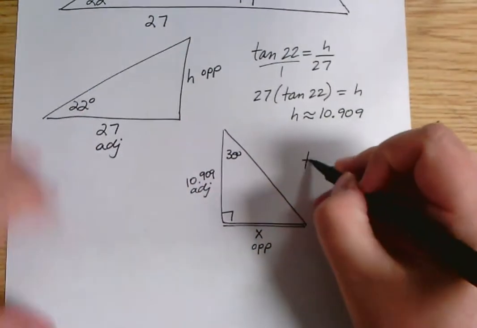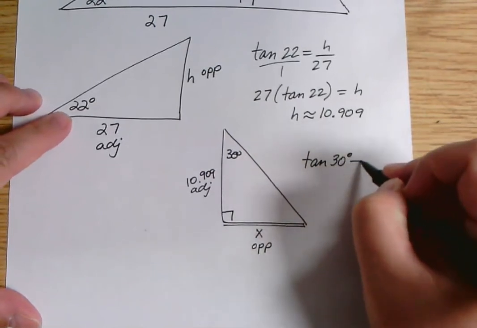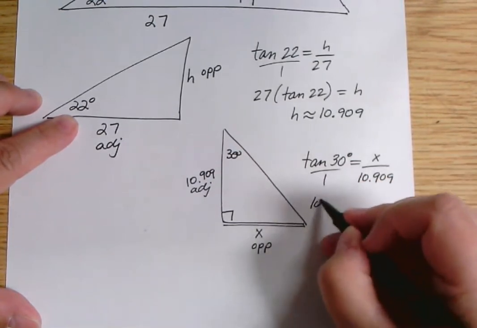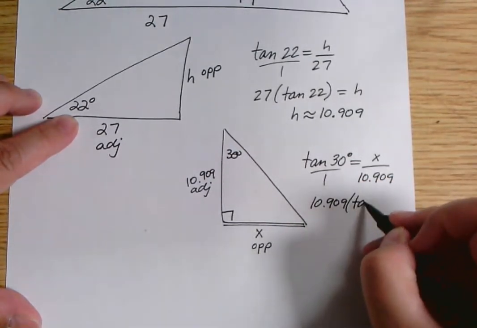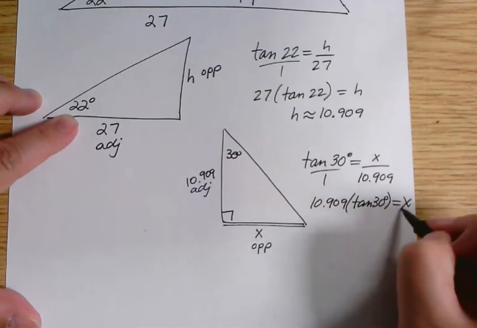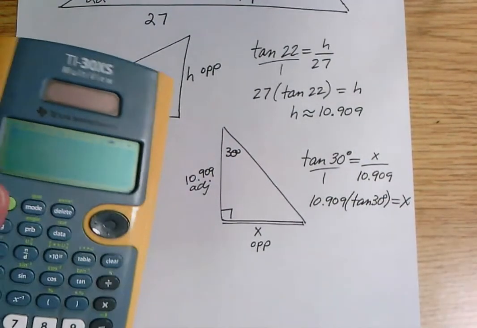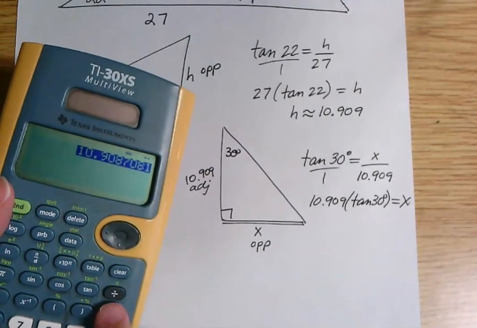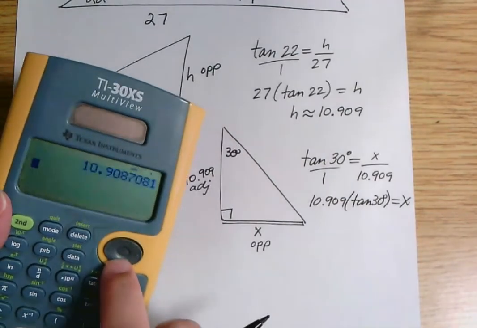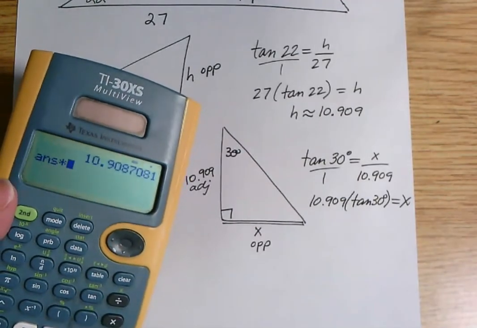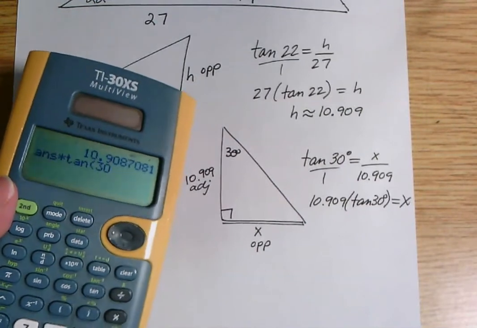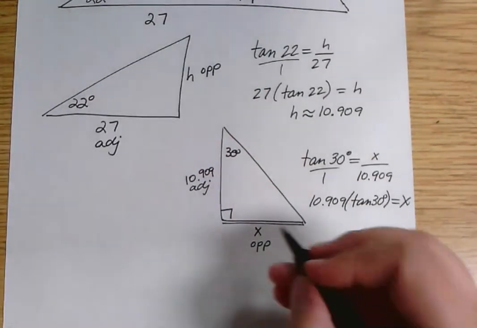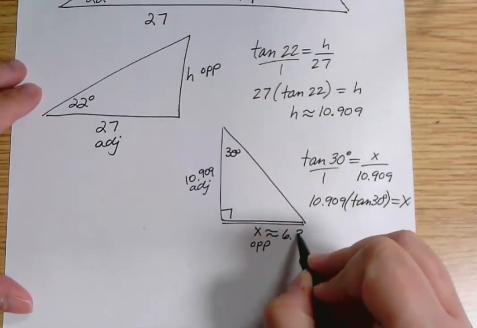Tan of 30 is X over 10.909, cross multiply, and that number gets multiplied times tan of 30, and will give us X. So that number's still in my calculator. It was until I just hit clear. Let's see if I can get it back. There it is. So I'm going to type that times tan 30. That gives me 6.298, so about 6.3. So x is about 6.3.